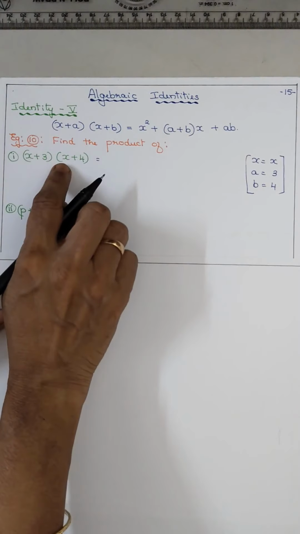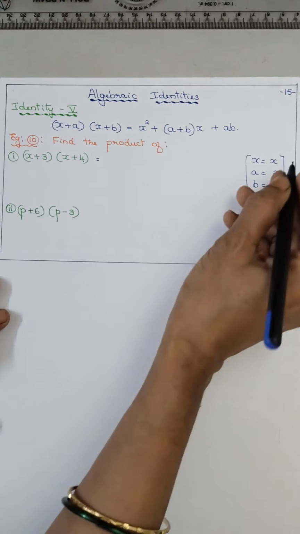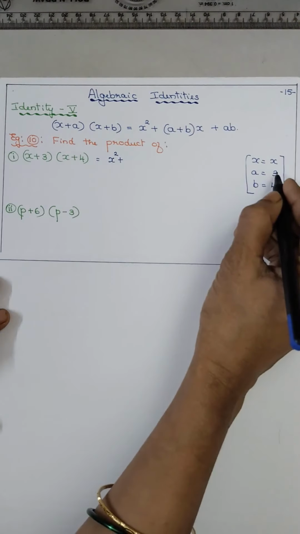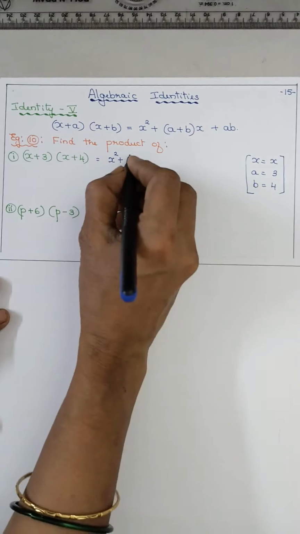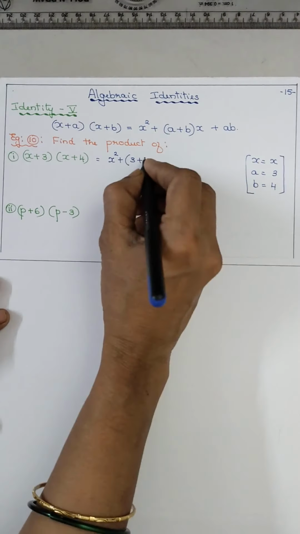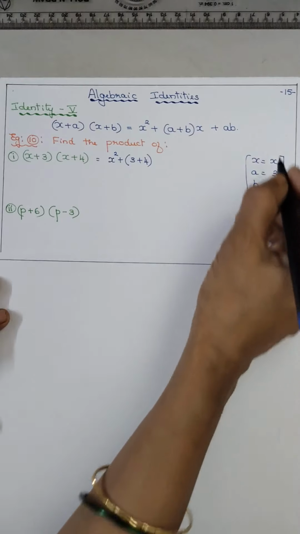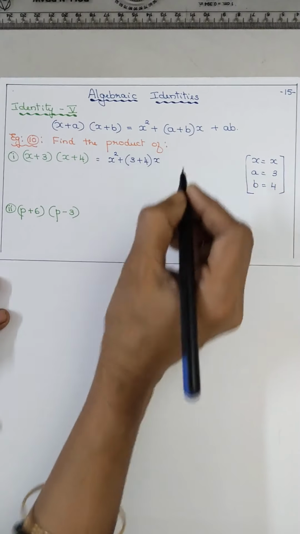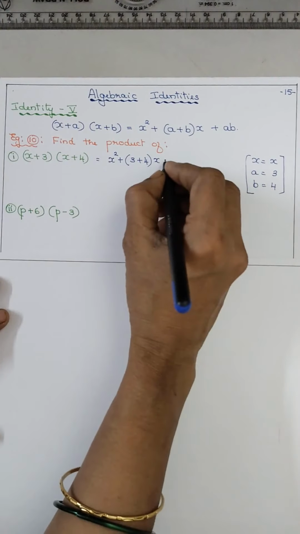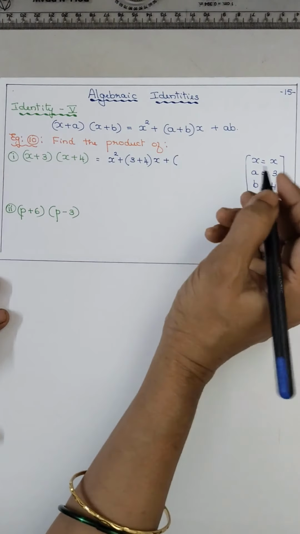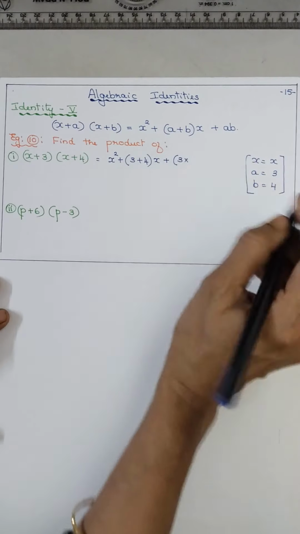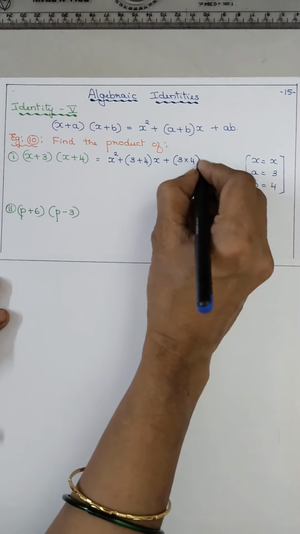Now x square means what? X, isn't it? So x square plus (a plus b), bracket open, a is 3 plus b is 4, into x. We are not putting the sign into because there is a bracket, plus bracket open, a into b, a is 3 into b is 4.